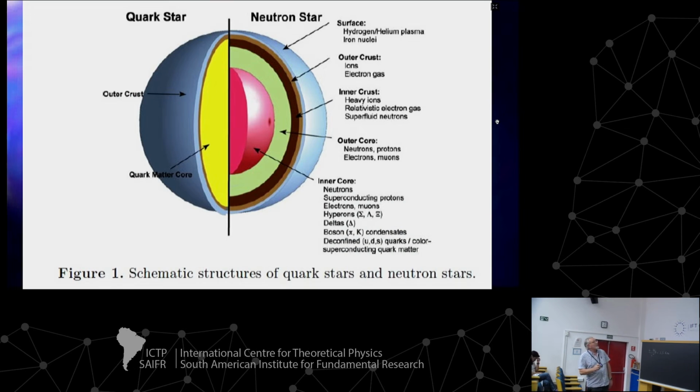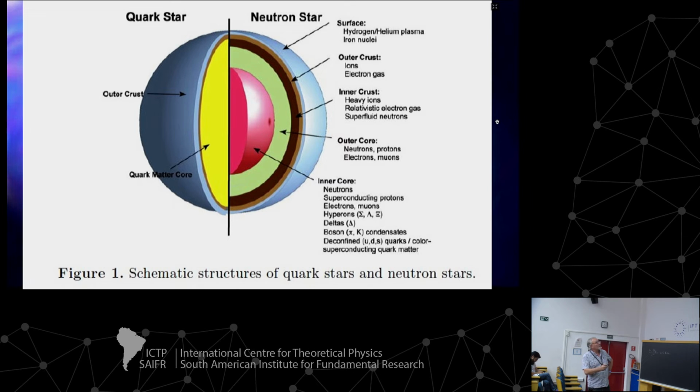Okay, so quark stars and neutron stars. This is a neutron star, quark stars. Quark stars are essentially made of quark matter, so I think Jimenez already explained today.